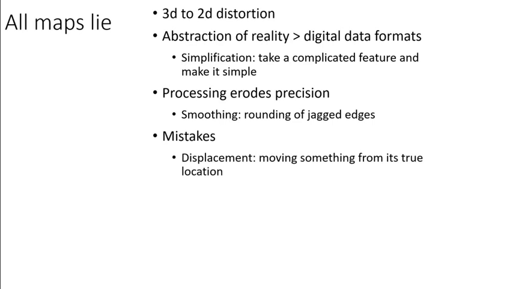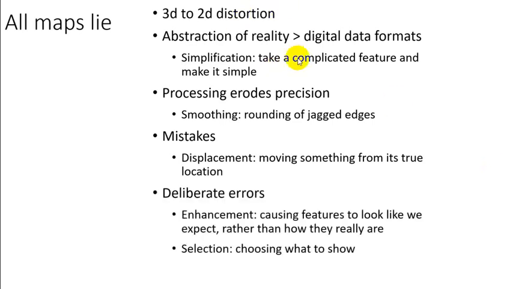Blatant mistakes, whether it's humans doing digitizing or entering data incorrectly, accidentally moving something, which could go back to how we're distorting. And then just making deliberate errors, things that we need to do to make a map work, moving things around, labels, things like that.